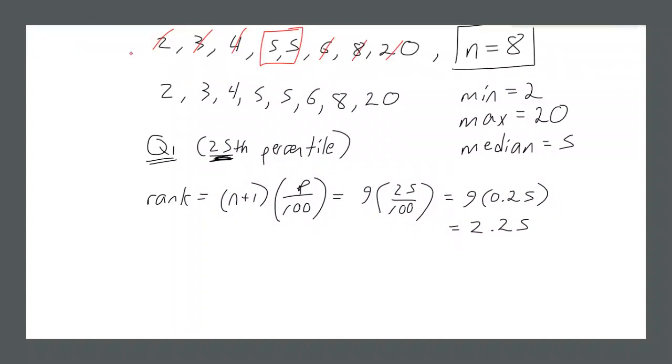The rank represents what slot the number is in, from smallest to largest. So if we write the ranks here, 1, 2, 3, 4, 5, 6, 7, 8, we're at rank 2.25. So it's going to be somewhere between the second and third rank.